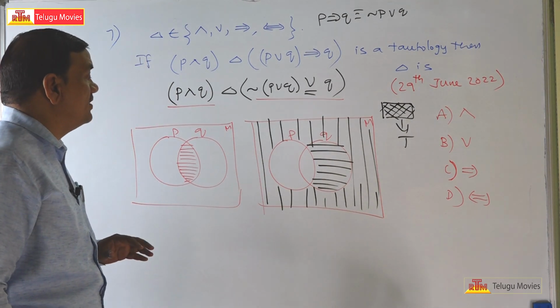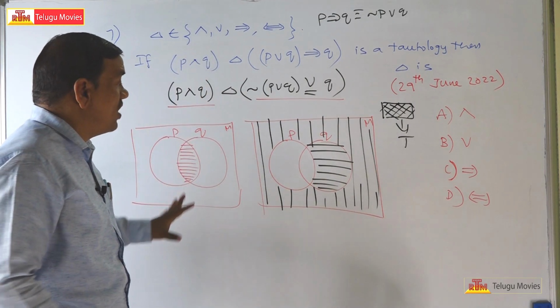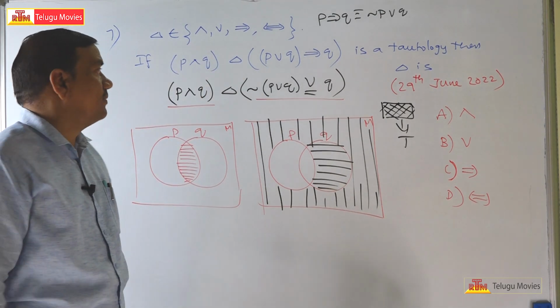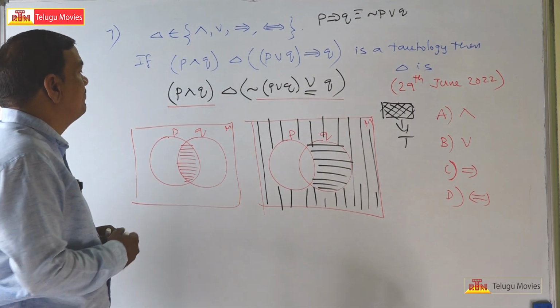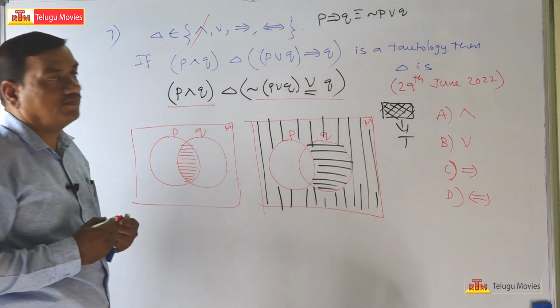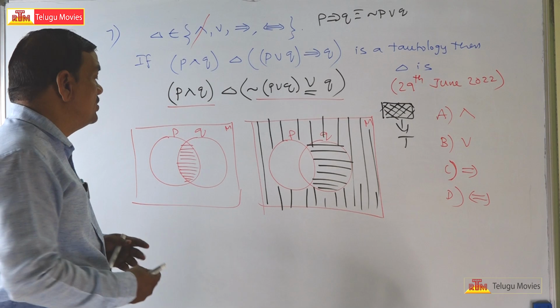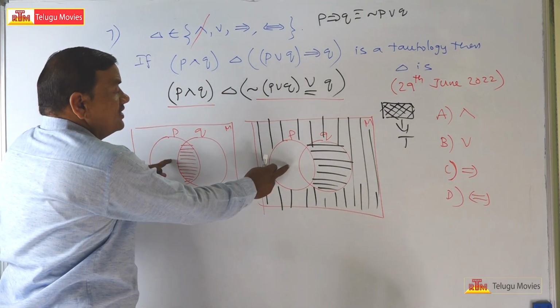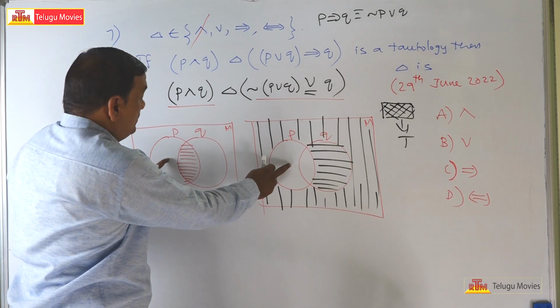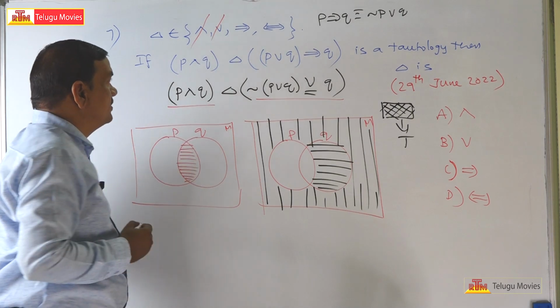Nothing will come, a null set will come. So AND fails. If it is OR, OR means you take the total part, so here a gap will be there. This gap is not filled. Therefore OR also fails.